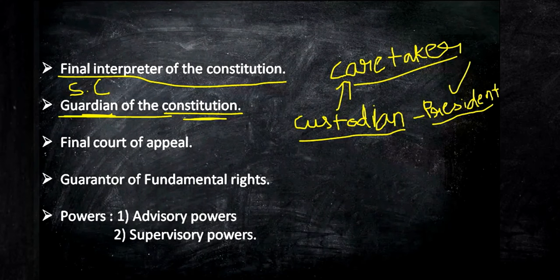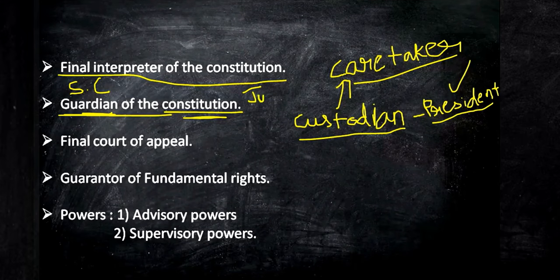Then it becomes the duty of the Supreme Court to validate whether that particular law is constitutional or not. And how does it validate this? The tool in the hands of the Supreme Court is judicial review.